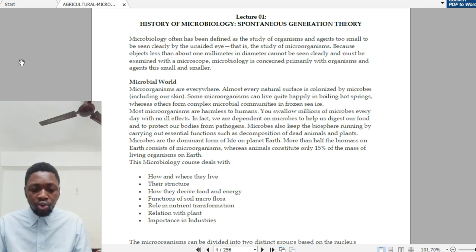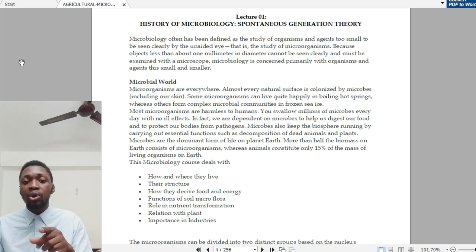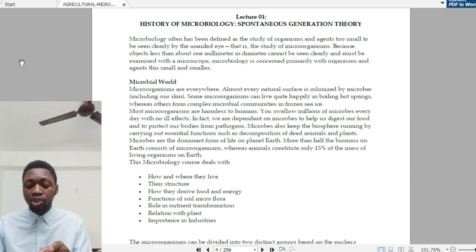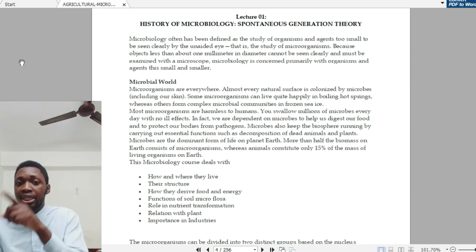It also deals with their role in nutrient transformation, relation with plants, and importance in industries, because some of these microorganisms are used in industries. So not all of them are bad.